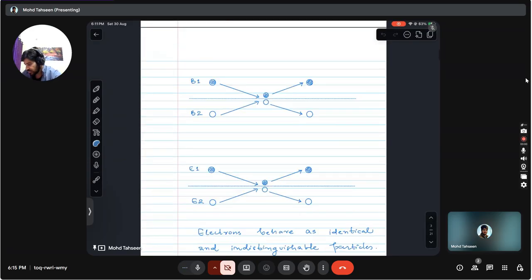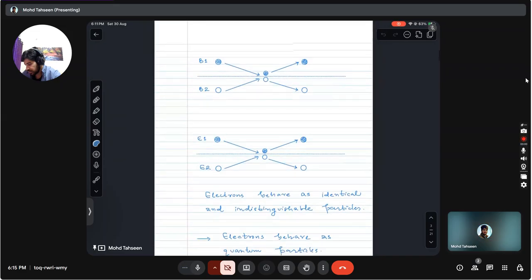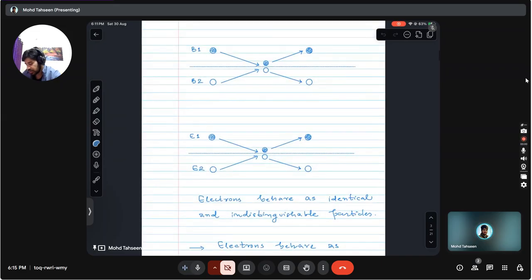So we took one example to distinguish between the classical particles and the quantum mechanical particles. Let me use a pointer. In the first case here, we have two balls which we call B1 and B2, and this is the classical picture.